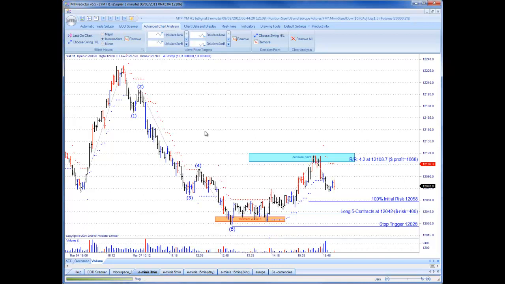And that is what we have in MTPredictor, not only an Elliott Wave tool that will help find these waves for you, but also targets and support and resistance zones and position sizing all tied in together to help manage and control your trades in and around the Elliott Wave patterns you have found. So again, the answer to my initial question, does Elliott Wave work? Well, I have to say from this example here, an outstanding yes.